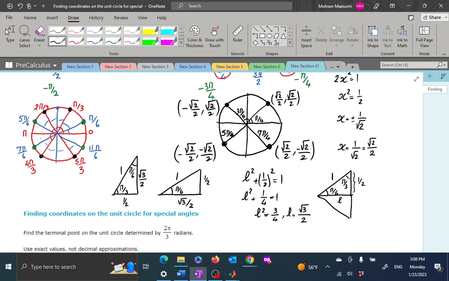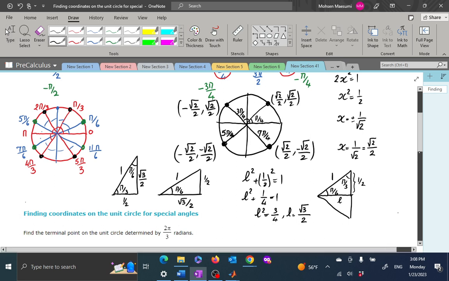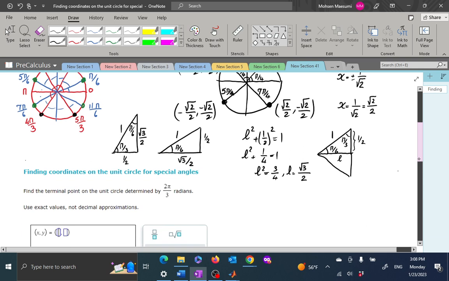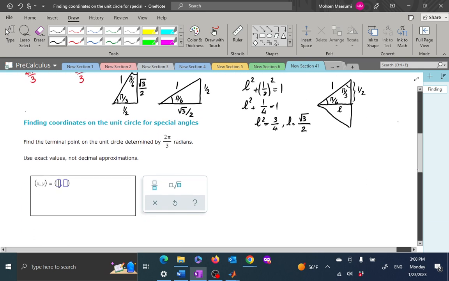Now we need to essentially have this triangle memorized to simplify our life. Let me write it here.